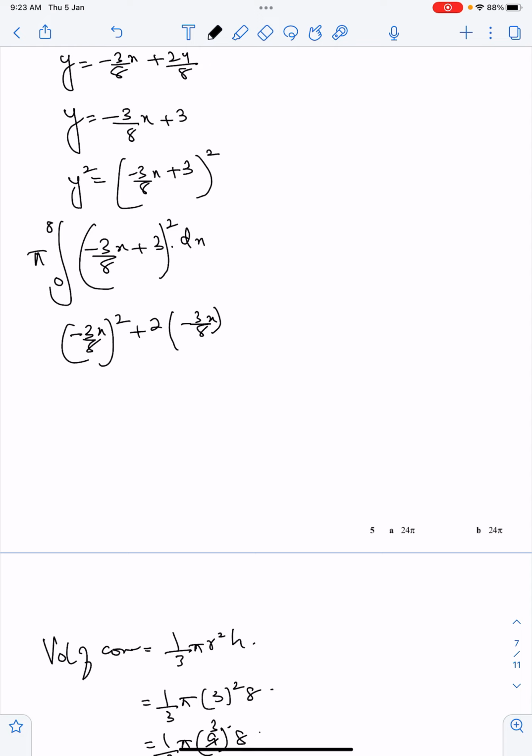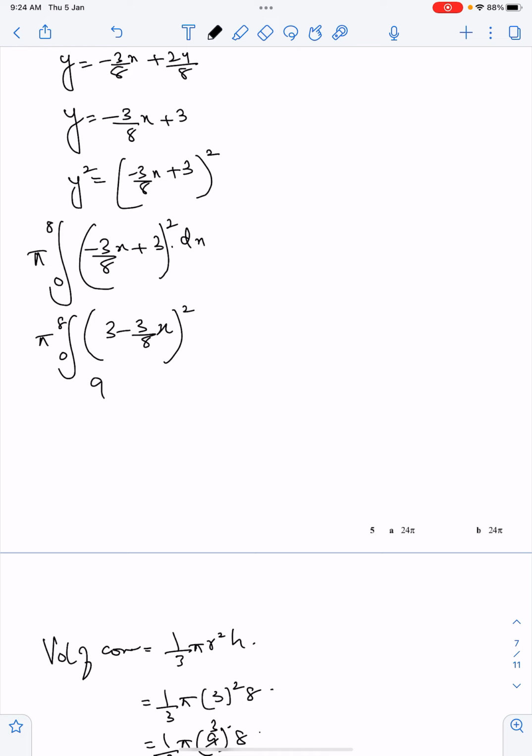I am applying the formula a squared plus 2ab plus b squared. I am writing 3 minus 3 upon 8x, the whole square, and pi outside, with the boundaries of 8 and 0.